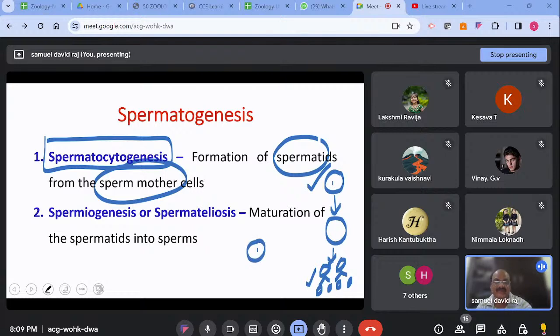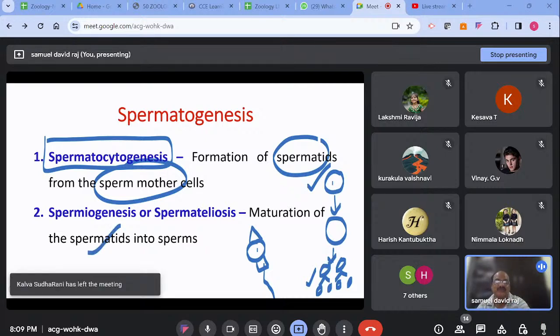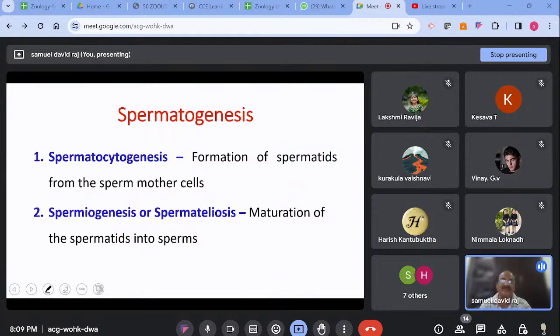This spermatid acquires a head, a middle piece, and a tail, and is differentiated to form a spermatozoon. So this process is called maturation of spermatids into spermatozoa or sperms, and this process is called spermiogenesis or spermateliosis.